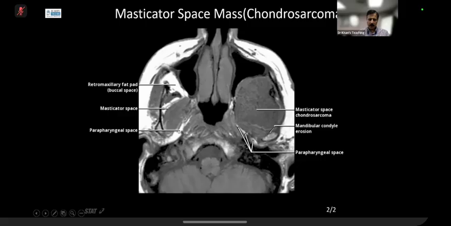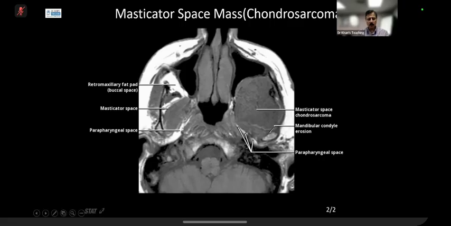And the key point is the parapharyngeal space. So the parapharyngeal space is one of the key spaces to reach a conclusion of what is happening, which space the mass or the tumor is in. The parapharyngeal space has fat, which is high in signal intensity on T1 as well as T2 weighted sequence.